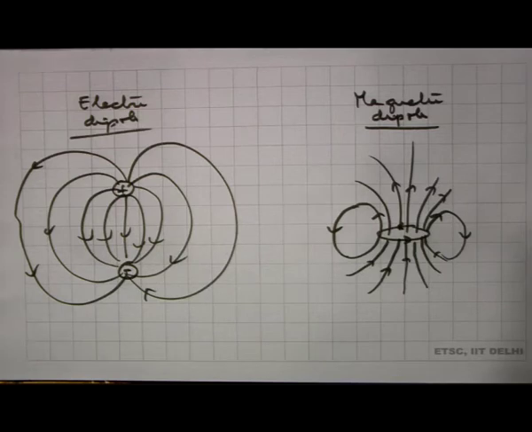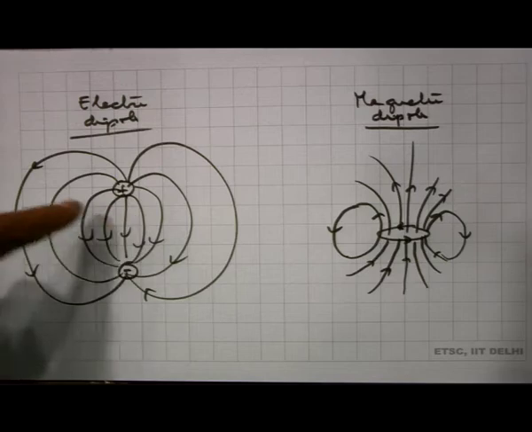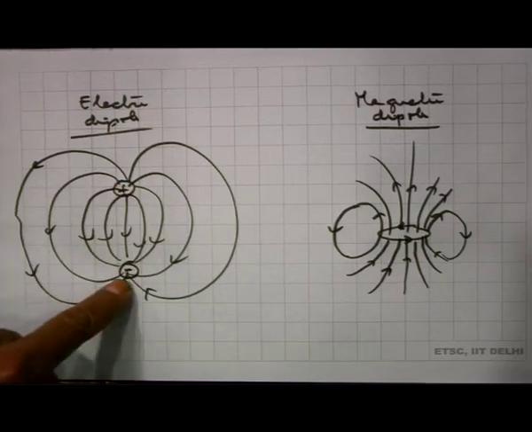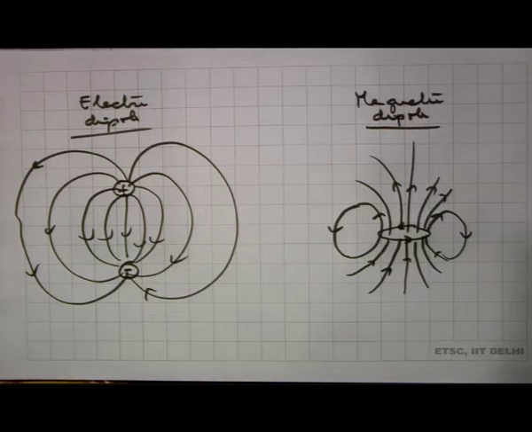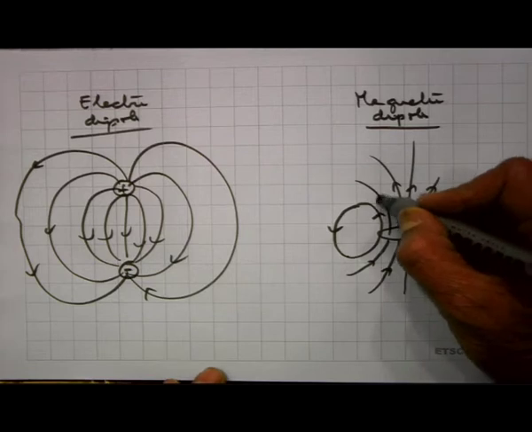So, look, the dipole fields are very different. Here all the electric field lines are starting from the positive charge and ending on the negative charge. Here the field lines have no beginning or end. So, they are continuous loops and they do not start from anywhere and end anywhere.